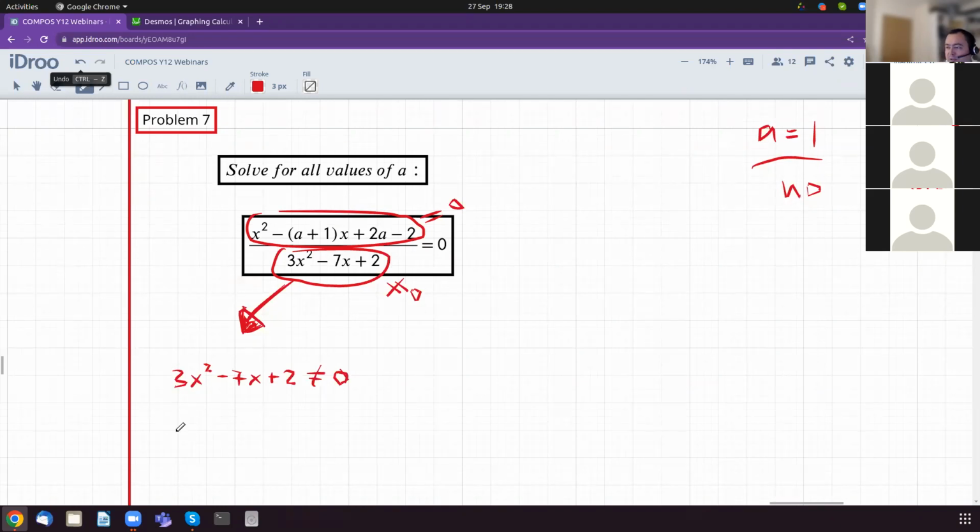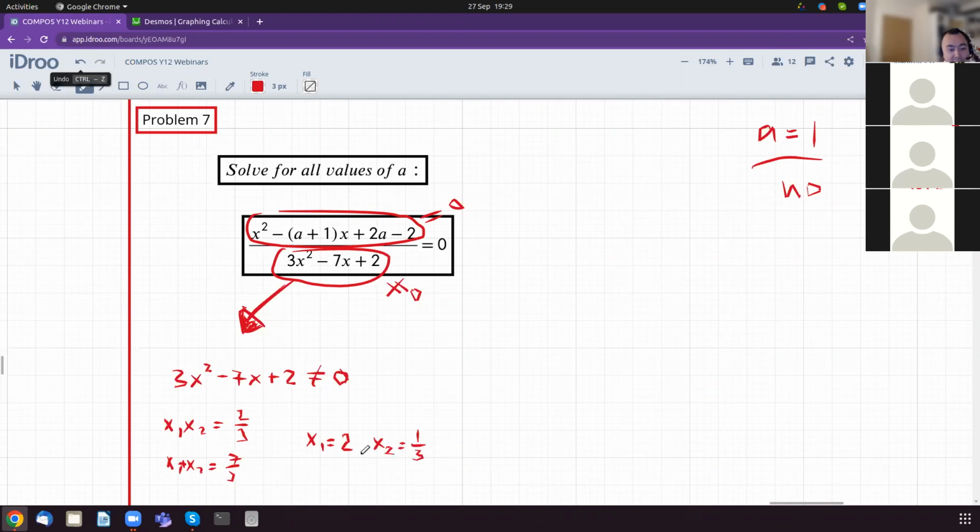Okay, I'm going to use Vieta's formula. x1 times x2 is equal to 2/3, and x1 plus x2 is 7/3. So we have two numbers which multiply to 2/3 and add to 7/3, and the numbers are 2 and 1/3.